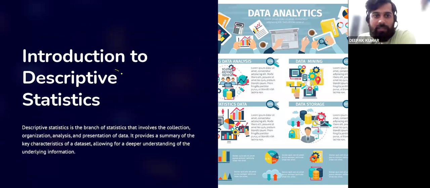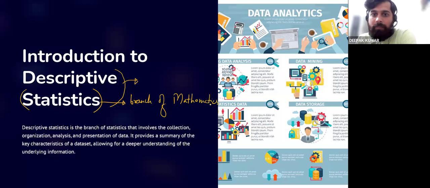Descriptive statistics asks us to go for collection of the data, because descriptive statistics comes from statistics, and statistics is a branch of mathematics. It is such a branch whereby we only do one thing, that is called estimation. Hope you have all heard this term, estimation.